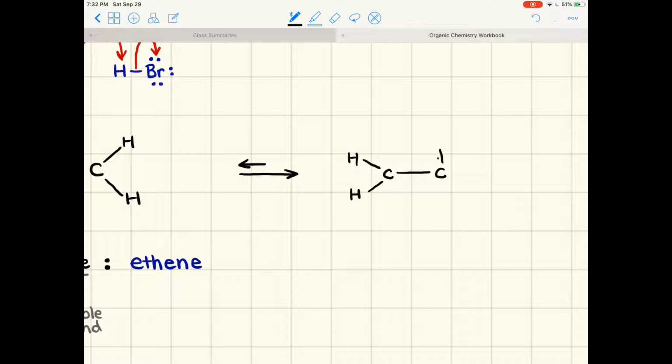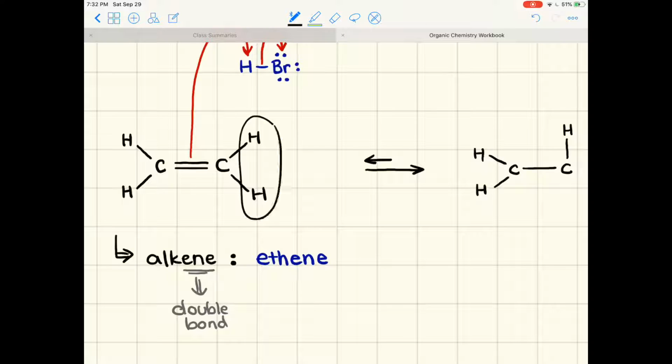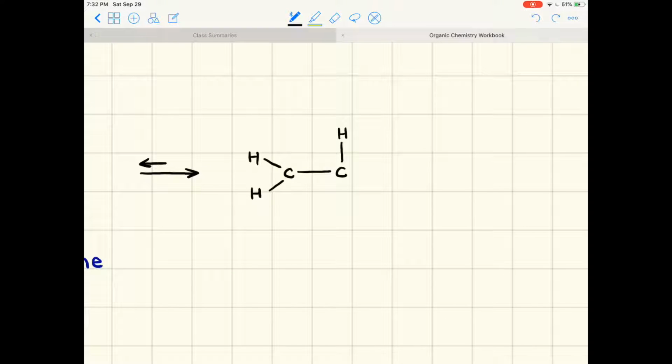But for this example, we're going to say this carbon is the lucky carbon that gets the hydrogen. And now, since it already had 2 hydrogens and it gets a 3rd hydrogen along with this bond right here, that means this carbon has, first of all, I think I should draw it in so it makes more sense.